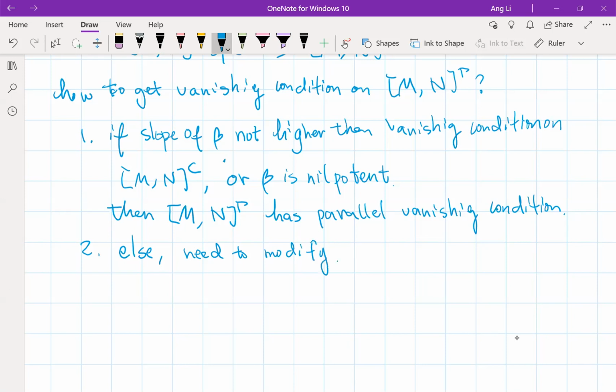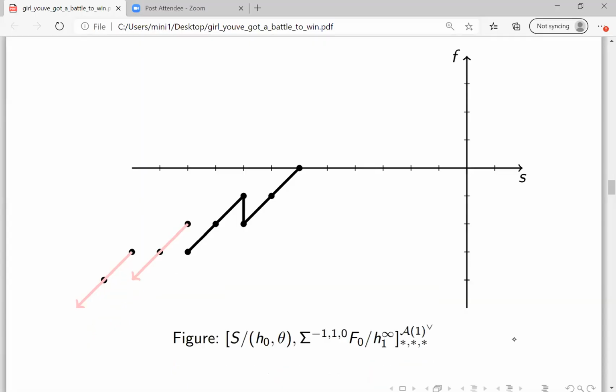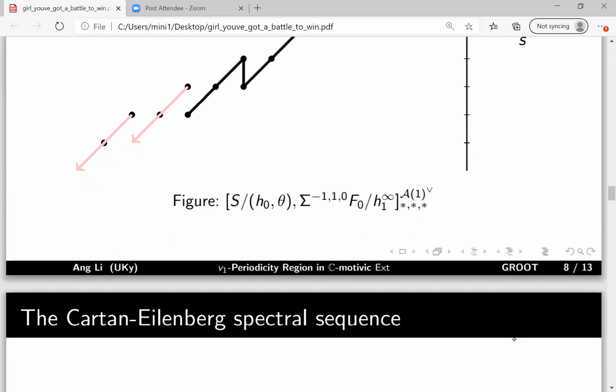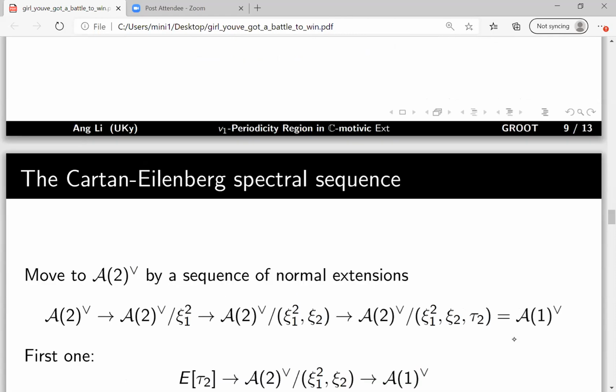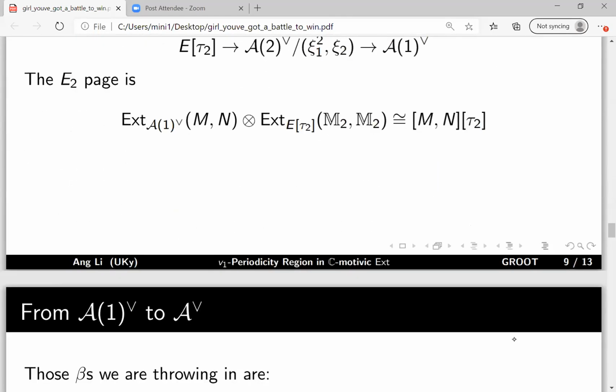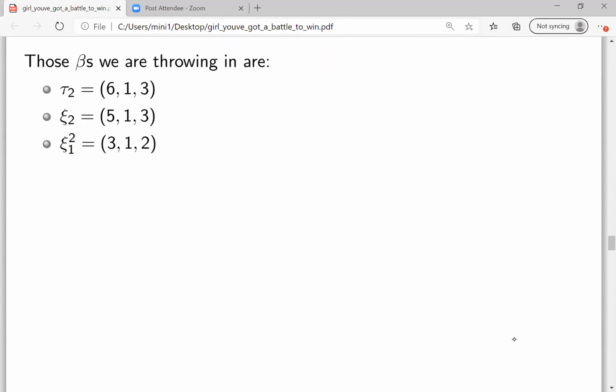Okay. So let's see what the betas we are throwing in are. Okay, so this is the extension. Those are the betas we are throwing in, and I think I can draw here.